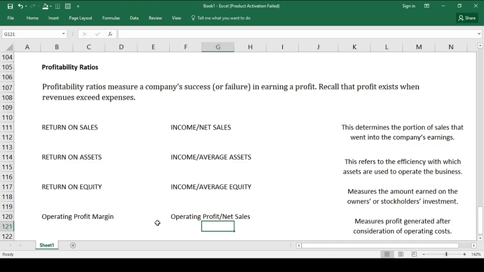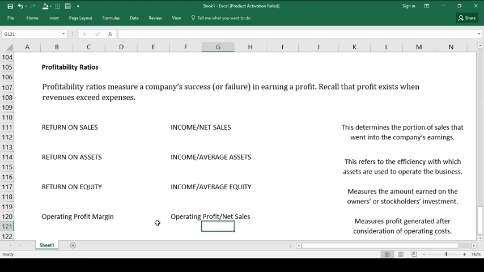On return on equity naman, it is the net income over the average equity, which purpose is to measure the amount earned on the owner's investment. Ibig sabihin, magkano kaya sa bawat investment ang pwedeng maibalik sa owner's investment. That is the purpose of return on equity.